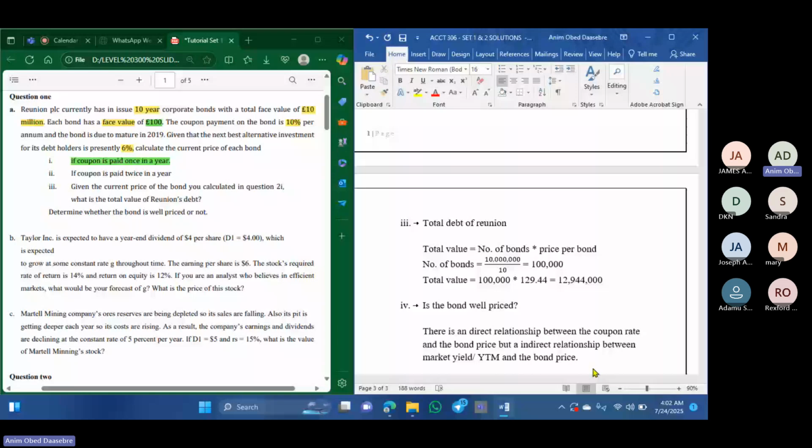Here we saw that the coupon rate was greater than the yield to maturity, and that made the bond price greater than the face value. But there is an inverse relationship between yield to maturity and the bond price.